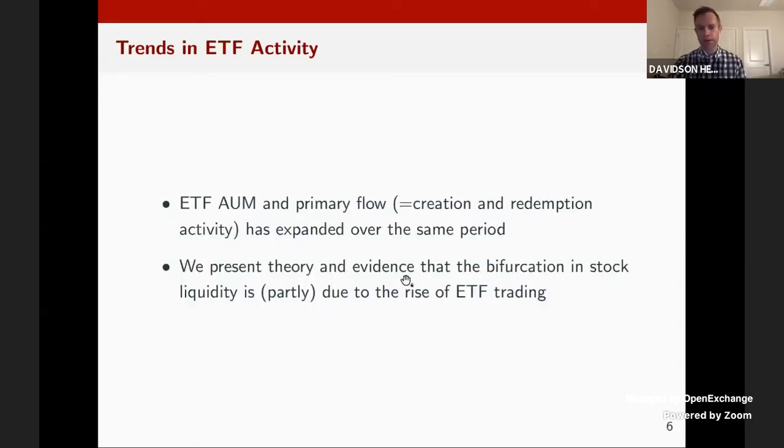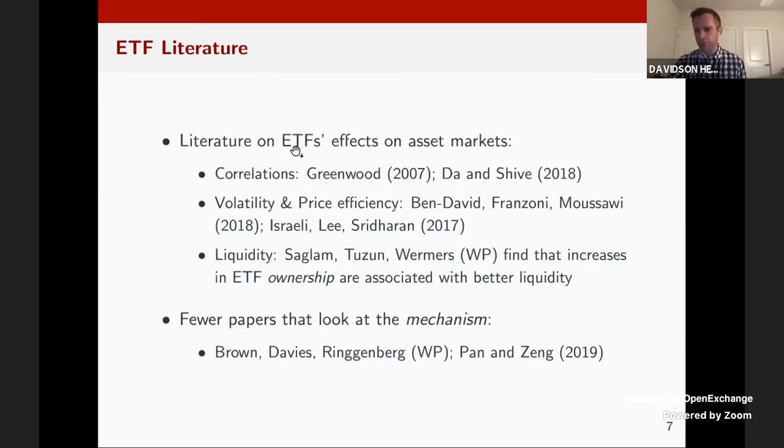So that's the evidence that the rise of ETF trading is leading to this sort of bifurcation in stock liquidity, where the most liquid stocks are getting more liquid and the least liquid stocks are getting less liquid, okay? So there's a large and burgeoning academic literature on the subject.